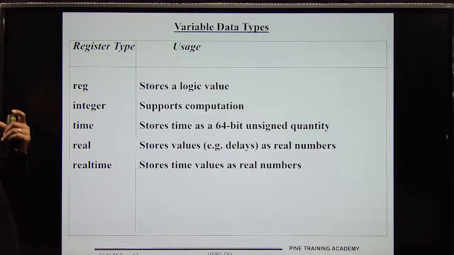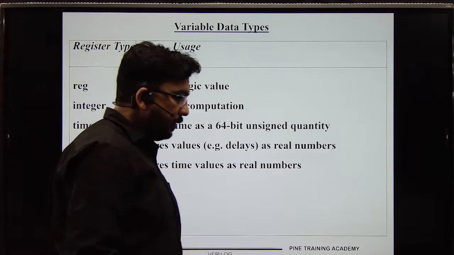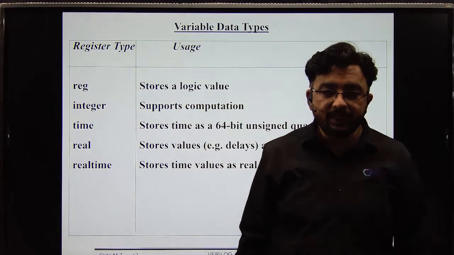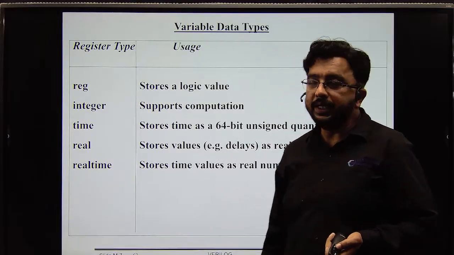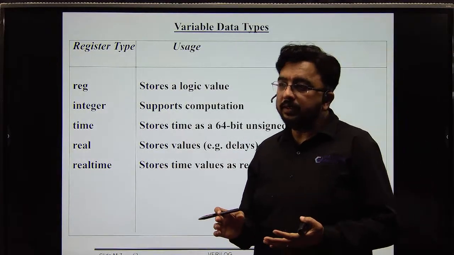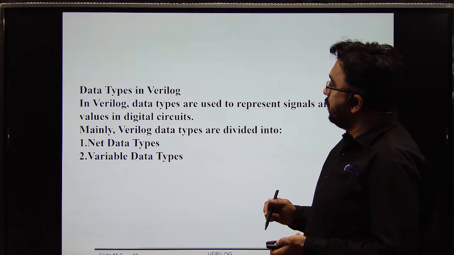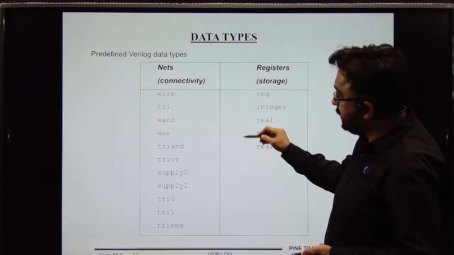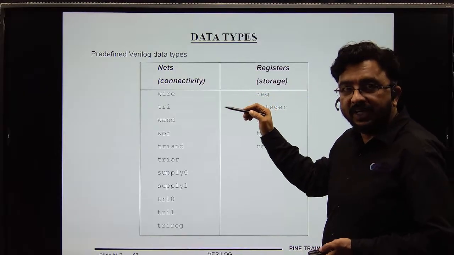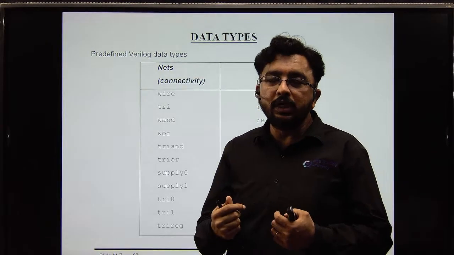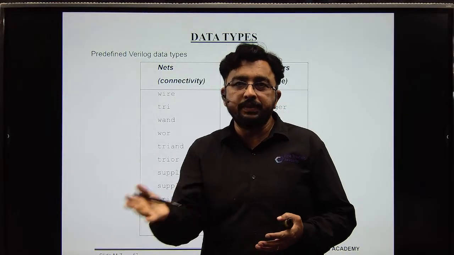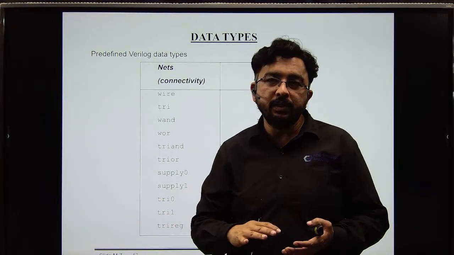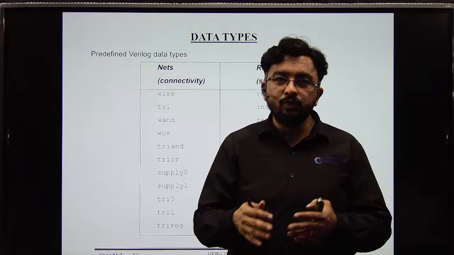Now come to the second type of data type, that is called a variable. Generally we call all these a variable. What is a variable? Basically, a variable stores a value and then changes it after some time. Whenever a new value comes, the old value is replaced by the new value.